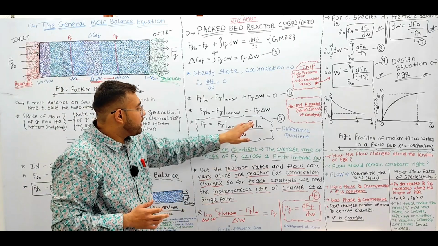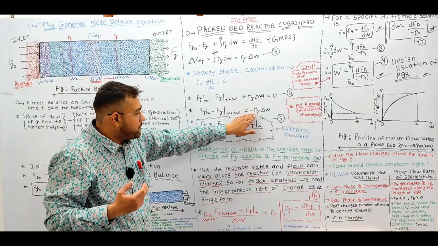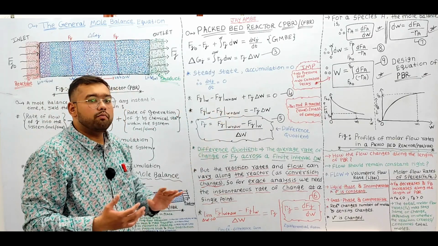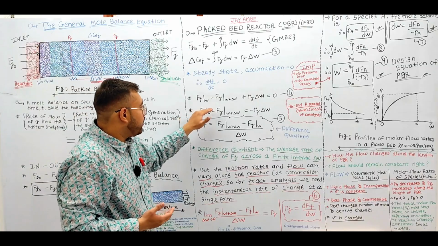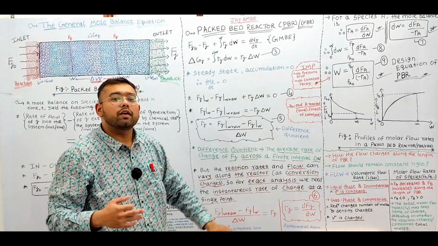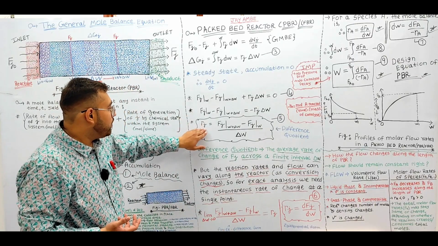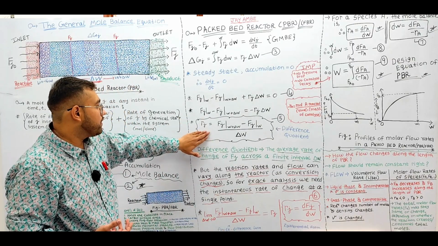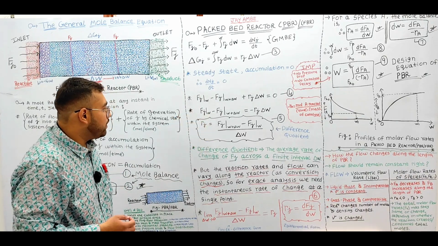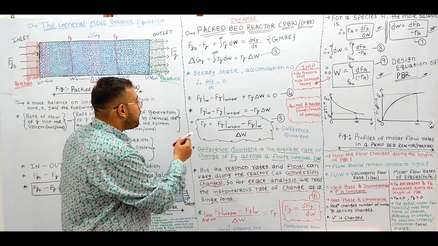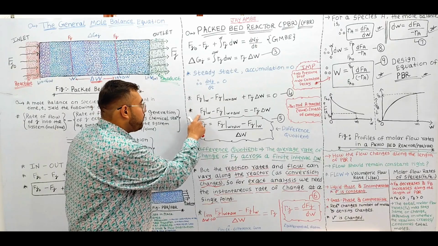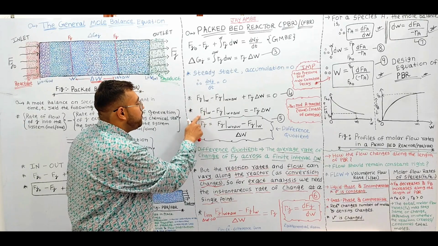Now we are making Rj the subject. In order to make Rj the subject, we need to multiply this equation by a negative sign, and divide the entire equation by delta W, which results in the final differential equation. Here we have the positive sign, so multiplying the negative sign with the positive sign, minus plus, this will become negative.